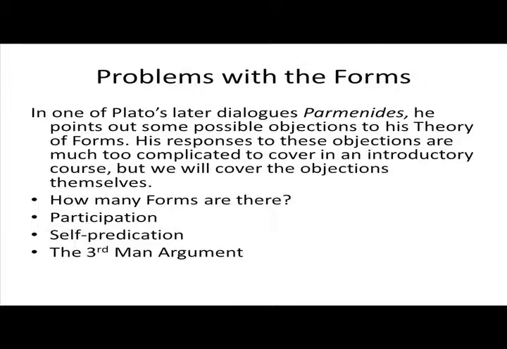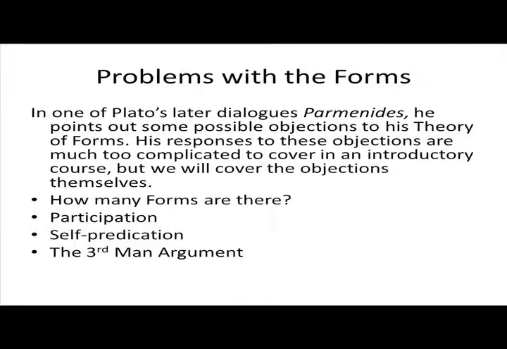Color schemes and things like this. And I don't talk about design, all the fancy stuff that you might learn in art theory or design class, right? I'm just simply going to say that things are beautiful because they resemble the form of the beautiful, okay?